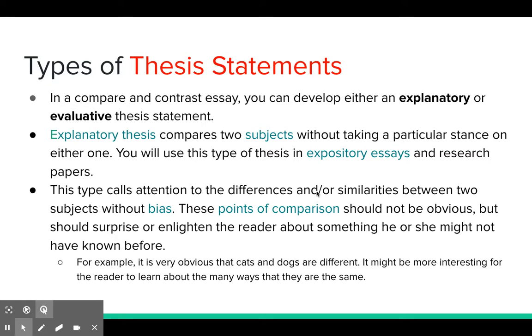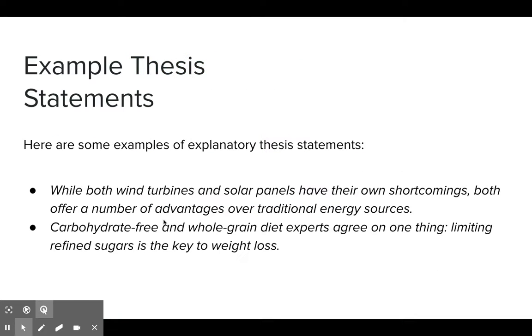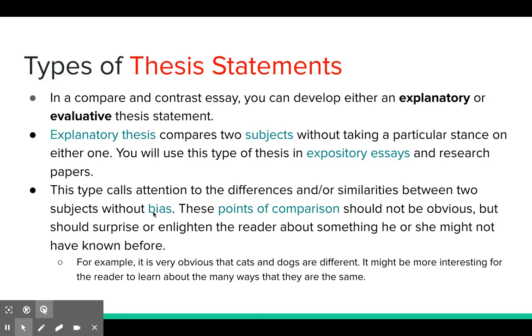It's important to note that this type of thesis statement calls attention to those differences and similarities without bias. That's going to be the biggest issue, focusing on not interjecting your own opinion through this writing.